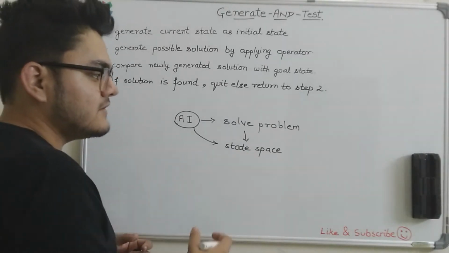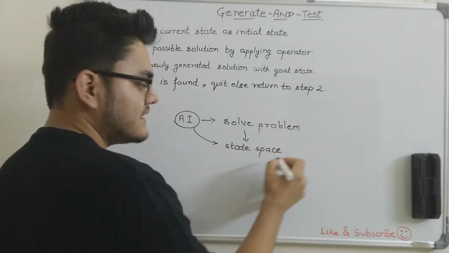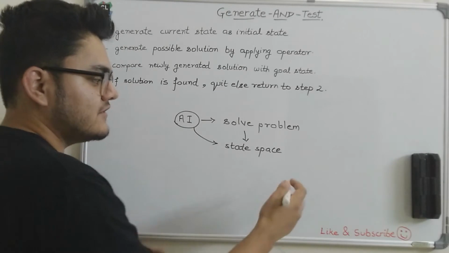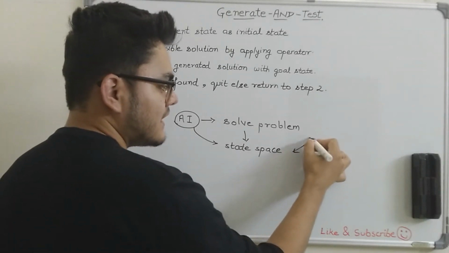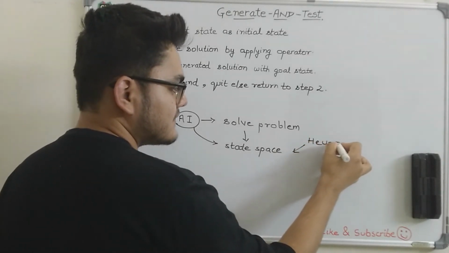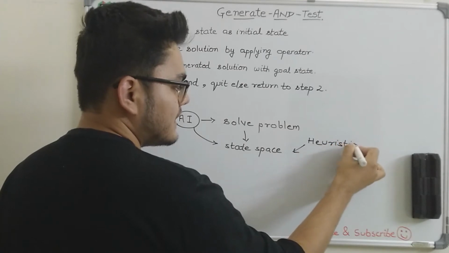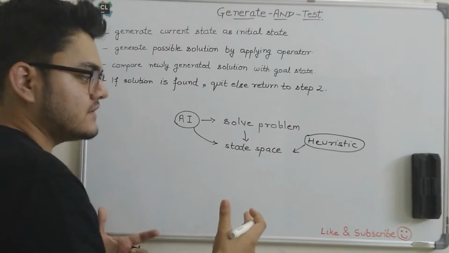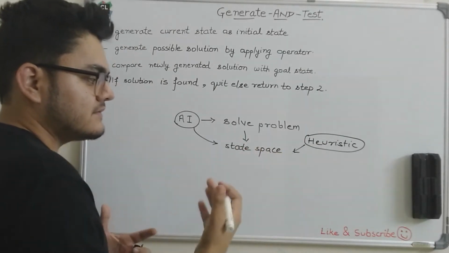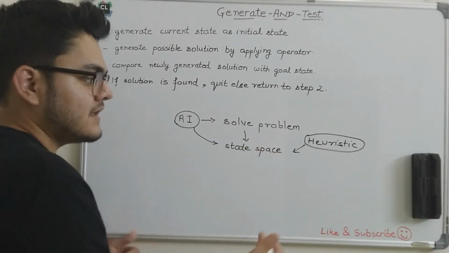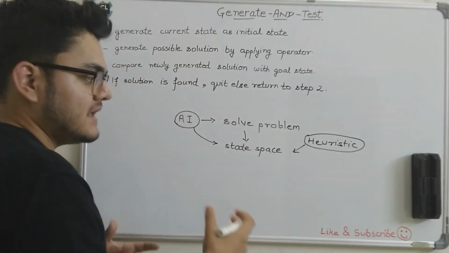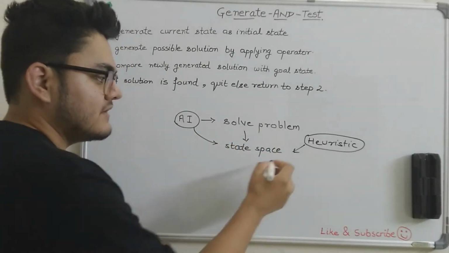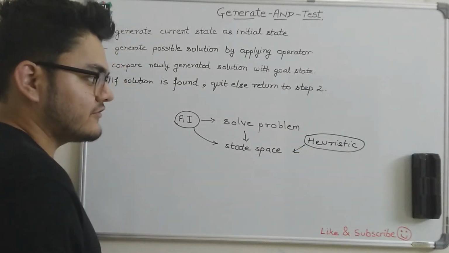We have already studied that in this state space representation, we can use heuristic functions or heuristic search techniques. A heuristic function is basically a guide to the state space or the searching algorithms, which makes the AI agent reach the solution to the problem in a very optimized fashion, right?